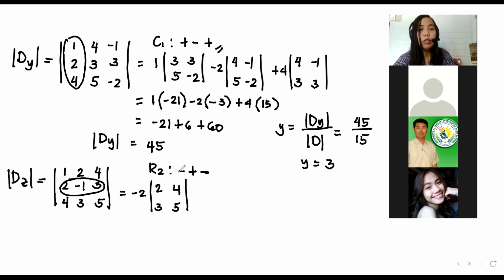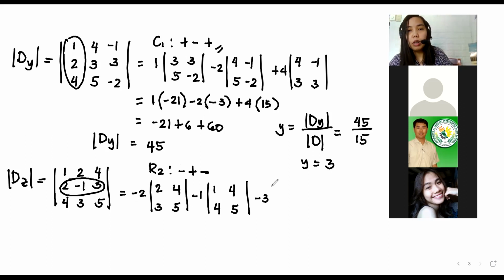So again, row 2, negative times 2, it's negative 2. Delete, so we'll have 2, 4, 3, 5. Next, positive times negative 1, it's negative 1. So we'll have 1, 4, 4, 5. Next, negative times 3, negative 3. Delete, 1, 2, 4, 3. Double check again. 1, 2, 4, 3.